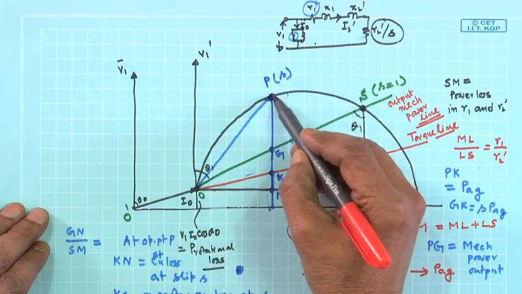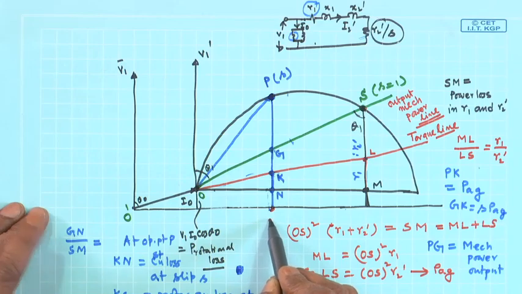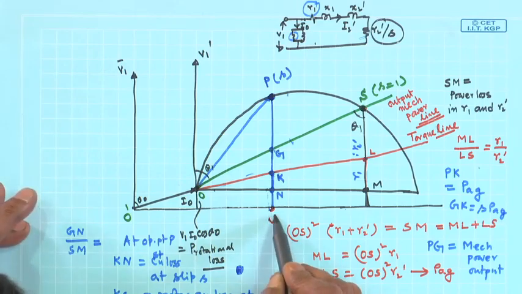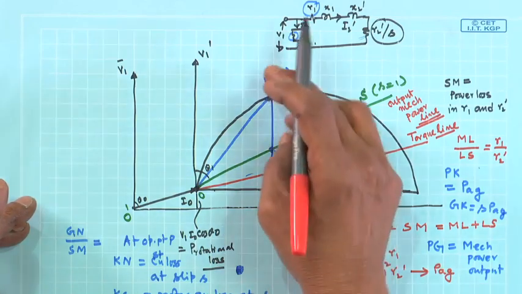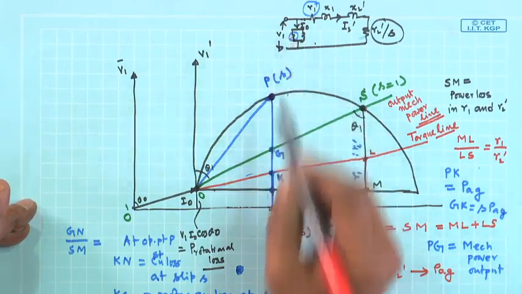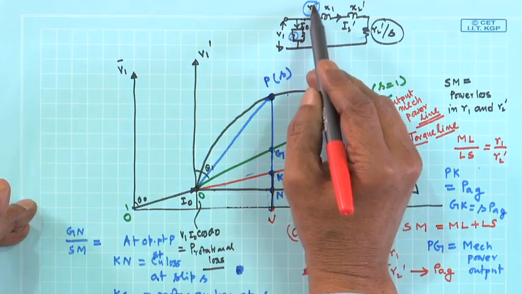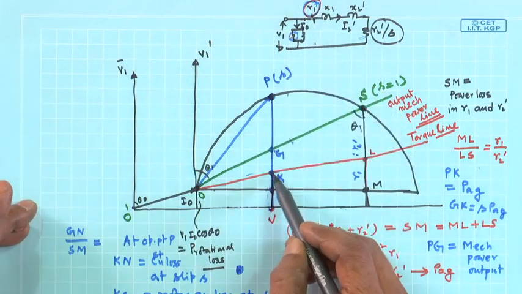This whole length from P up to this point, say U, whole power is the input power. This power is the power loss here, fixed. Then this power is the power loss here, stator copper loss.